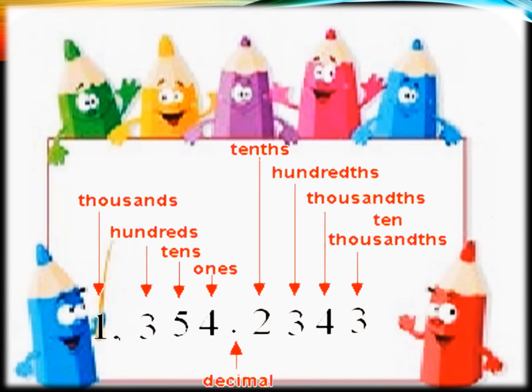We start with the tenths place, 2 at the tenths place, 3 at the hundredths place, 4 at the thousandths place and 3 at the ten-thousandths place. We can write that in fraction also, like 2 upon 10, 3 upon 100, 4 upon 1000 and 3 upon 10,000. Fine.